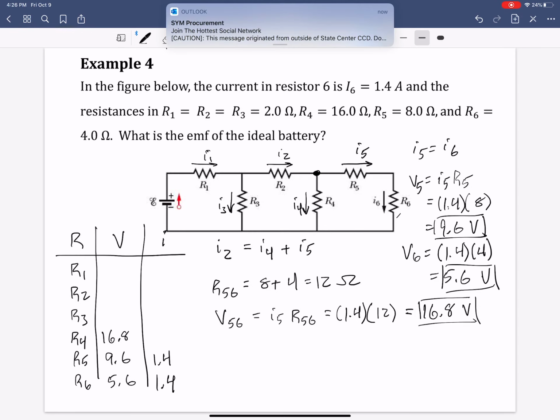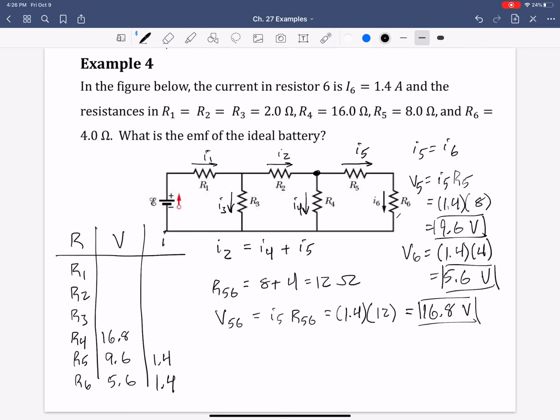Okay, one more down. So what's that current then? I4. Now we have two of those three values. I4 is V4, which is the same as V56, divided by the resistance of 4.